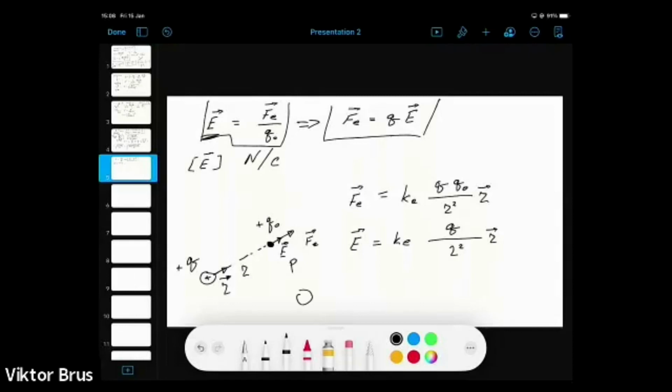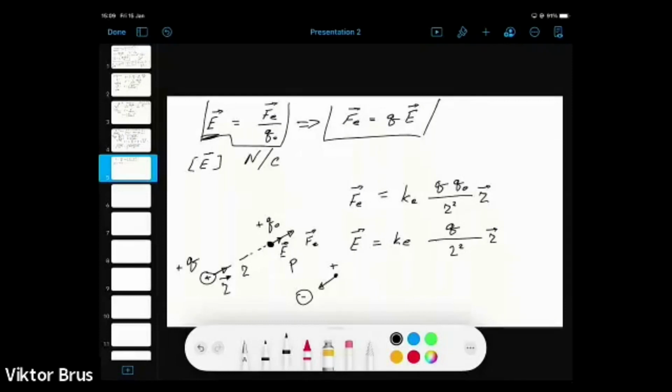And obviously, if we have a negative charge as a source charge, and at some distance we have a positive test charge, then it will be attracted towards the negative source charge.